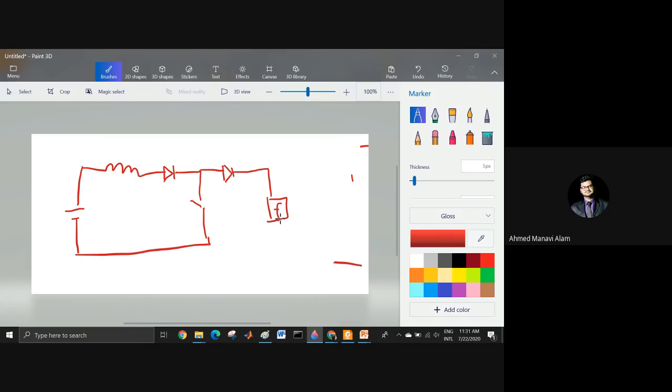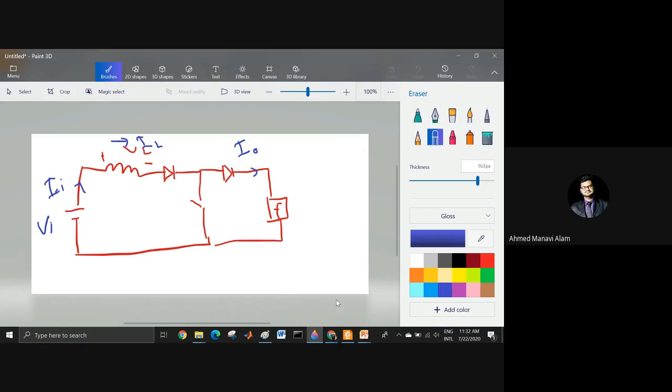This one is the filter. Now this one is V. Here the tricky part is that this is the VI. So the current I am getting here is the input current, the current I am getting here is the IL, and the current I am getting here is the I naught.